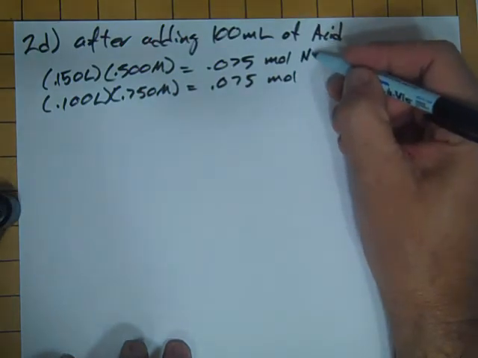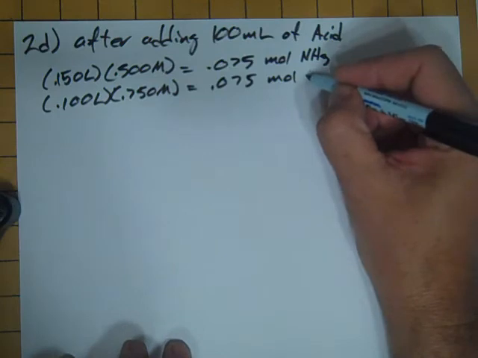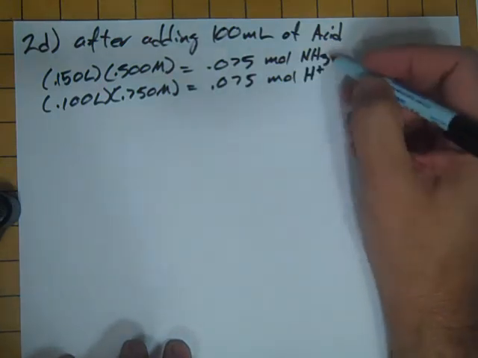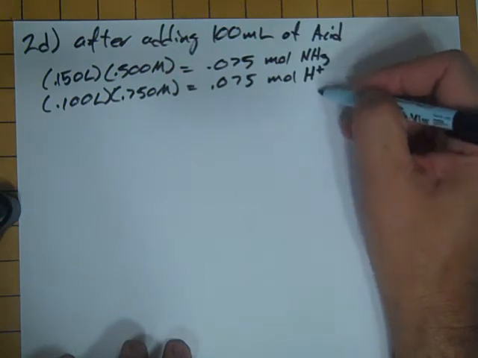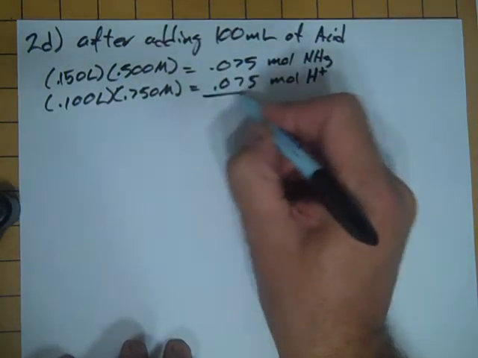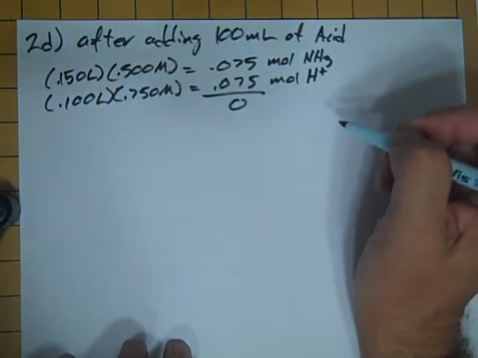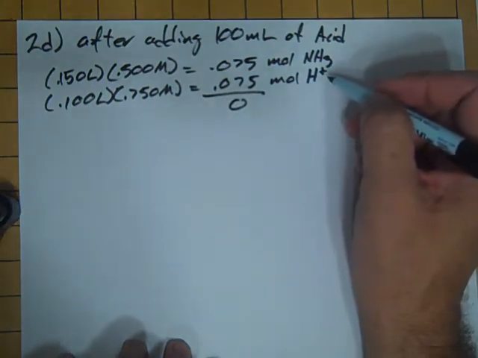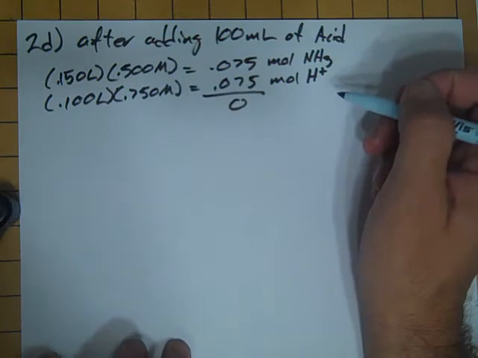So the moles of NH3 are matched perfectly by the moles of H plus. Every last one of these is turned into an NH4. There's 0 left. So that means that I can't use the HH equation.